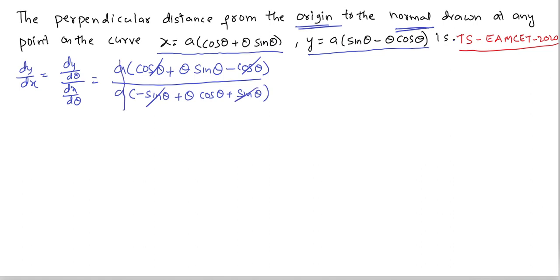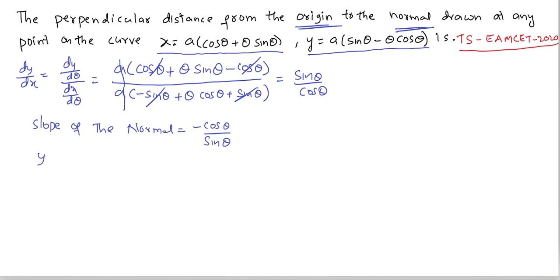A cancels, and theta sin theta by theta cos theta is equal to tan theta. This is the slope of the tangent, so the slope of the normal is equal to minus cos theta by sin theta.